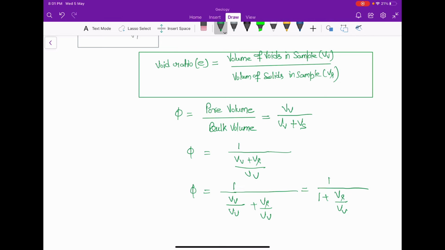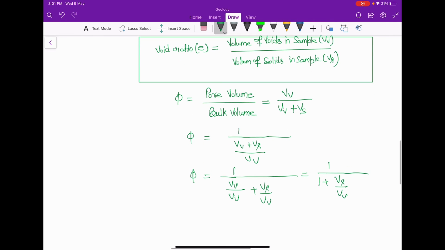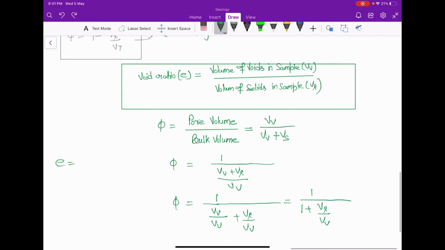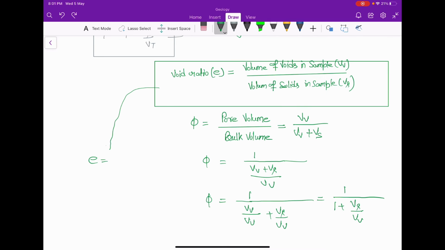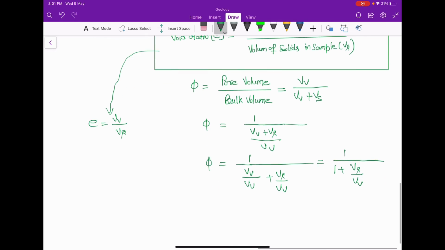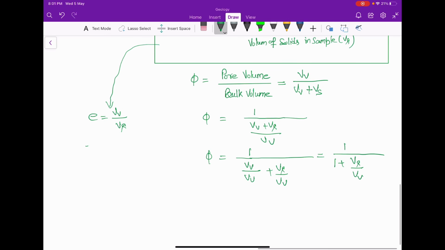But E, that is void ratio, is Vs. Sorry, void ratio is from here. Void ratio is Vv divided by Vs. So 1 over E will be Vs divided by Vv.